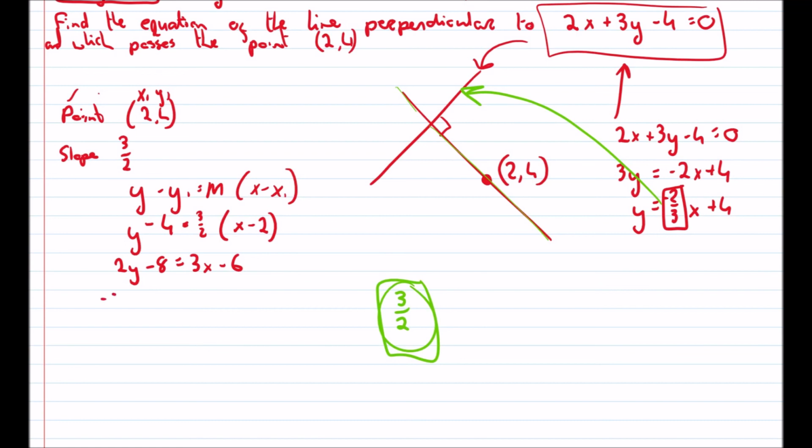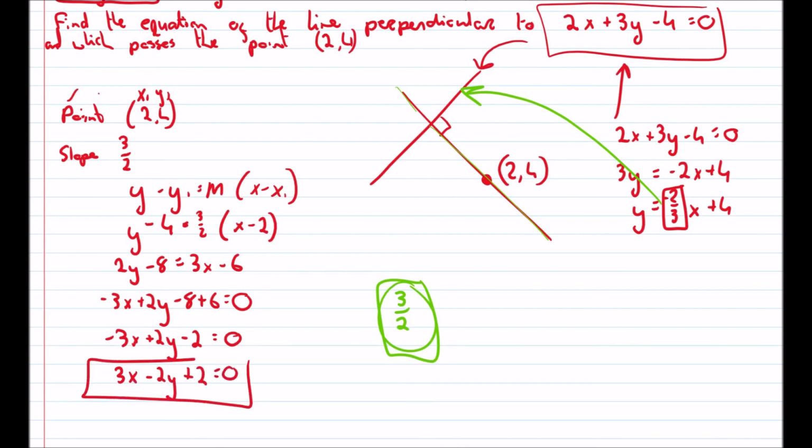Bring all up this side and we have minus 3x plus 2y minus 8 plus 6 equals 0, so minus 3x plus 2y minus 2 equals 0. We don't like starting it with a minus, so we'll change the signs. And there is the equation.